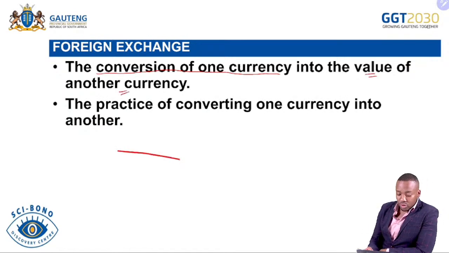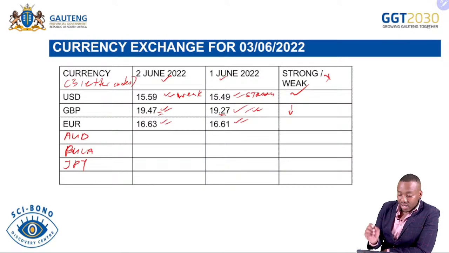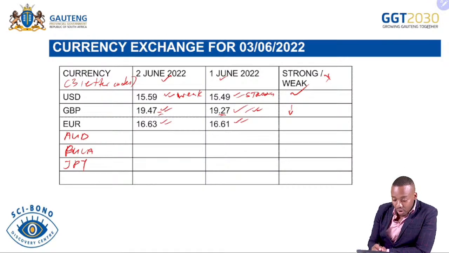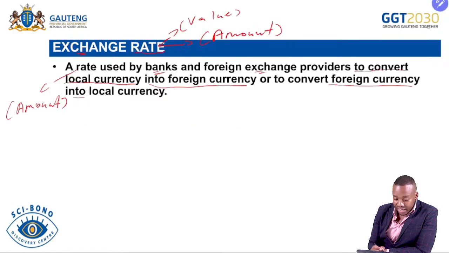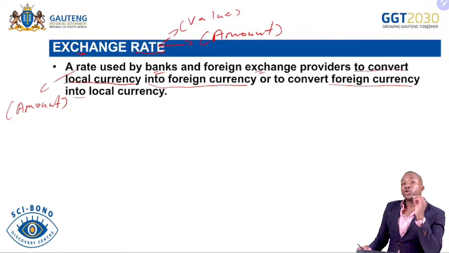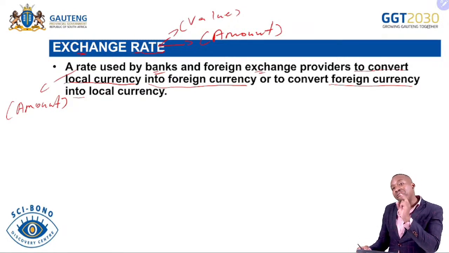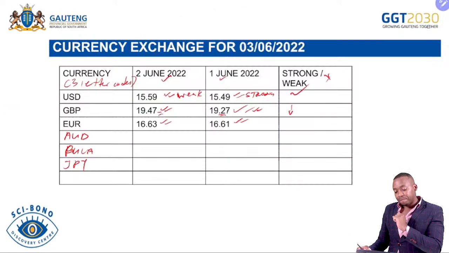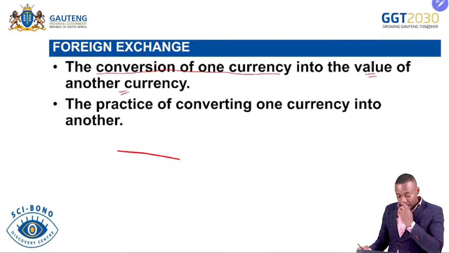Obviously, how do we do these conversions? The conversions are based on the exchange rates. Remember, we spoke about what an exchange rate is. We said it is the rate used by the bank and foreign exchange providers to convert local currency. So it is very important that you know the exchange rate first, so that you can know whether you are going to be losing or gaining.